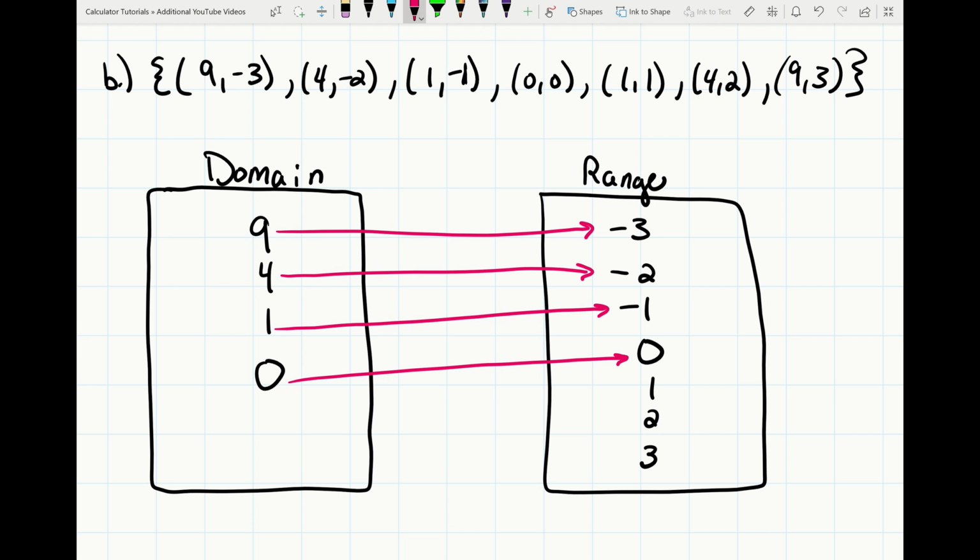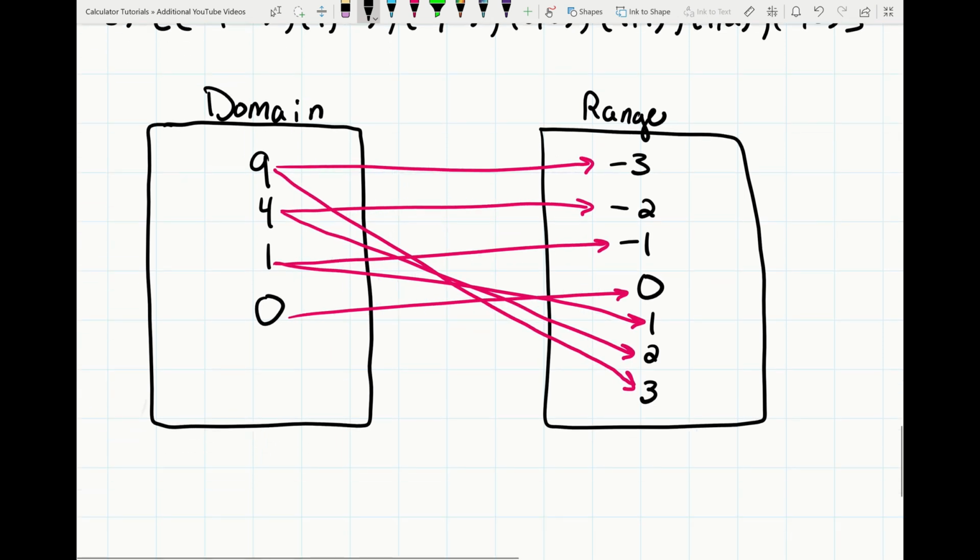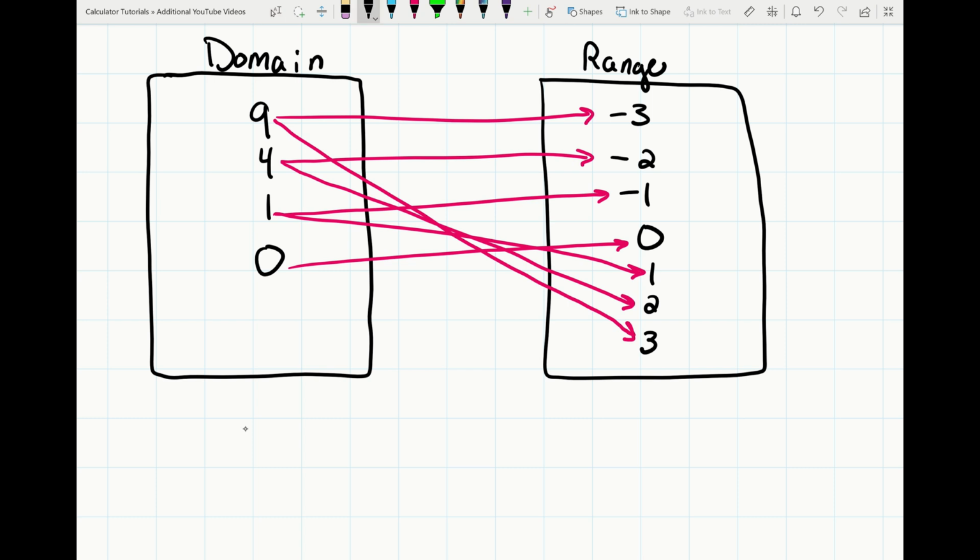Then 1 maps to positive 1. 4 maps to 2. And then 9 maps to 3. Now, if you want, you can pause the video and take a guess on whether or not this is a function. And if you unpause the video, you're going to learn that this is not a function.